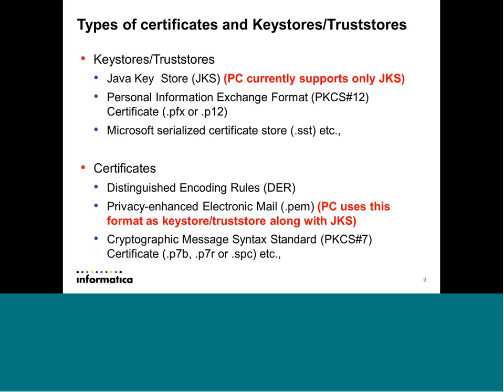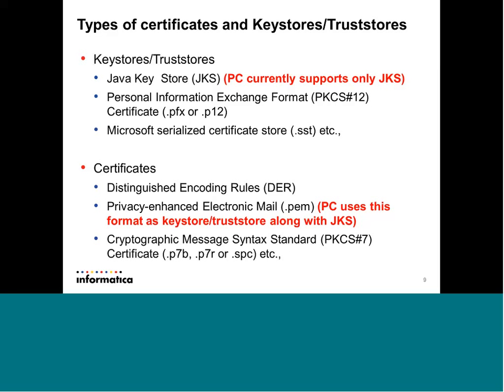Alright, so there are different types of formats for key stores and trust stores: the Java key store format, the PKCS12 format, and the Microsoft Serialized Certificate Store. PowerCenter, for both the admin console and the node processes, currently supports JKS, Java key store, as the key store and trust store format.